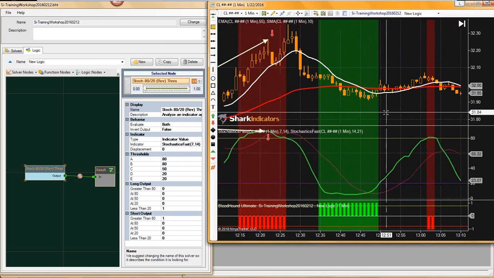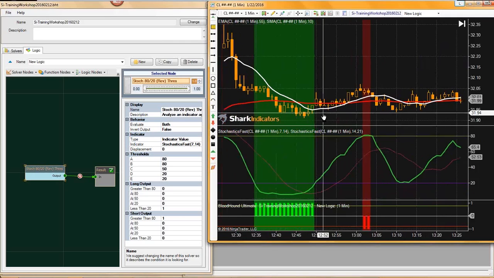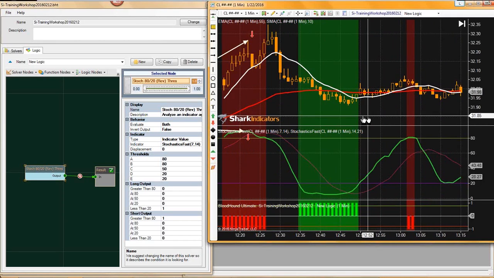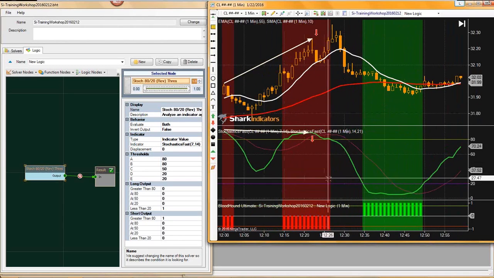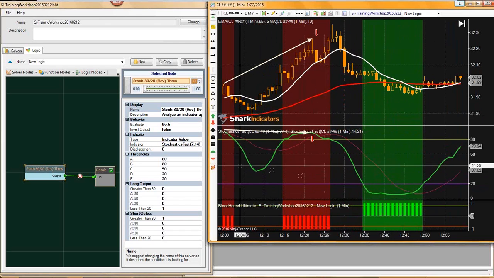And we're just going to have to pretend that this is our divergence indicator telling us that there's a potential long divergence here. So this is mimicking our divergence output.